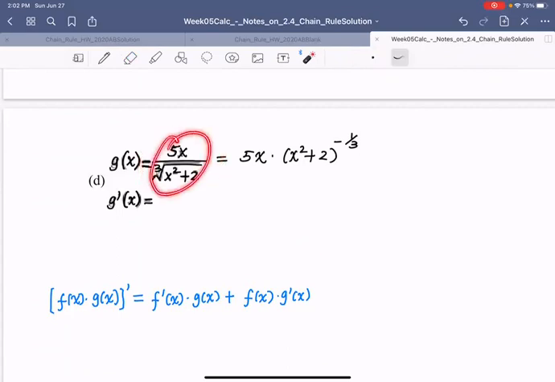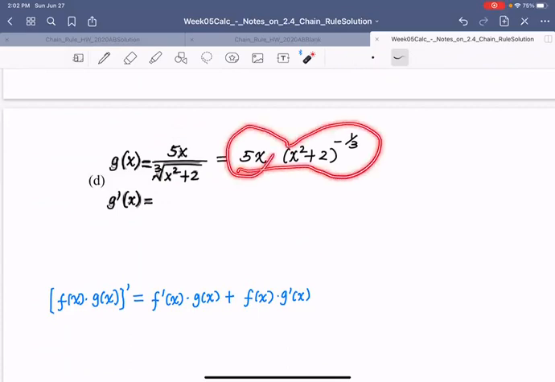Do you want to do the quotient rule or the product rule? Hayden? Hayden, can you hear me? Lawrence, let's do the D together, okay?